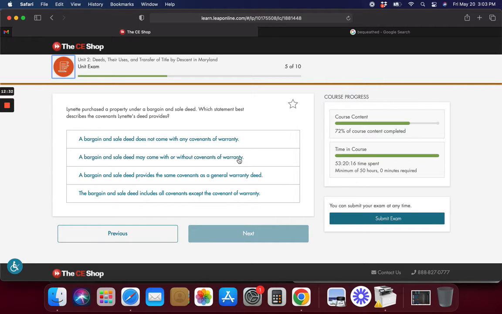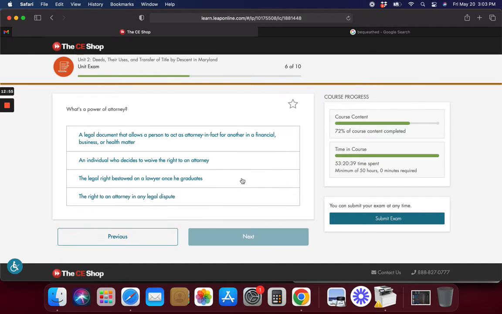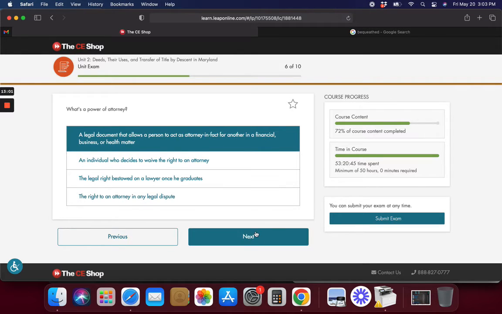All right, which statement describes the covenants Lynette's deed provides under a bargain and sale? Bargain and sale deed? I don't think it has any covenants. We'll find out. What's the power of attorney? That one was easy.